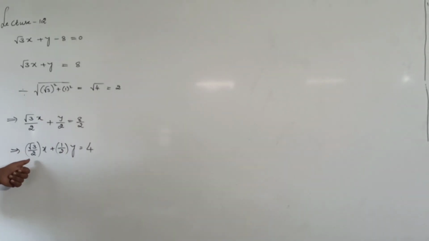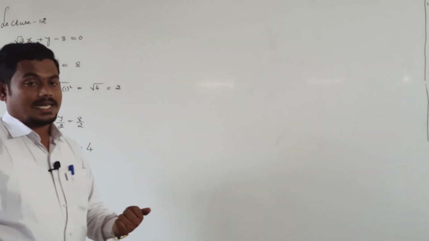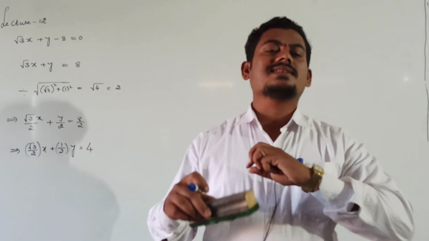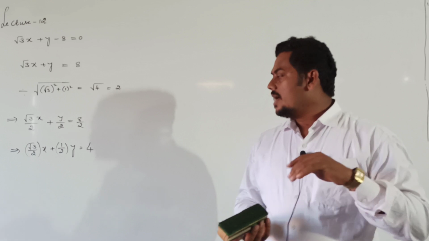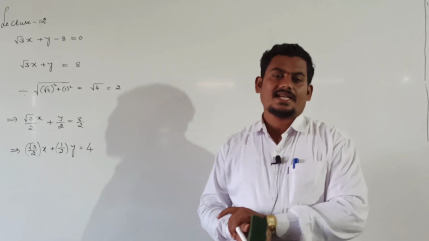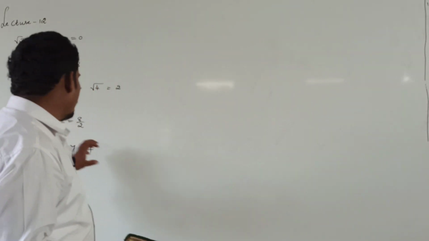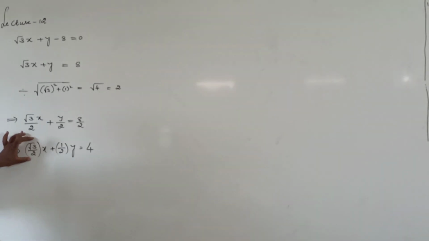Now replace root 3 by 2 as some cos angle and 1 by 2 as some sin angle. For what value of theta is cos alpha equal to root 3 by 2?